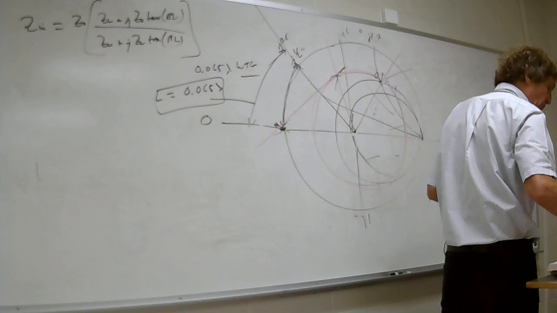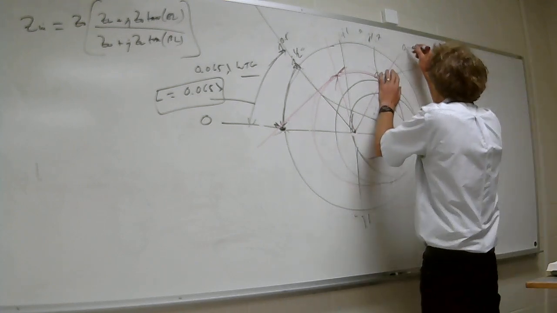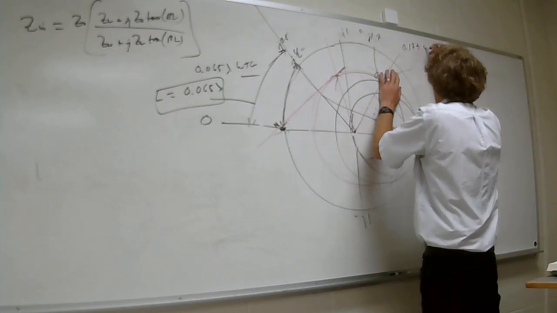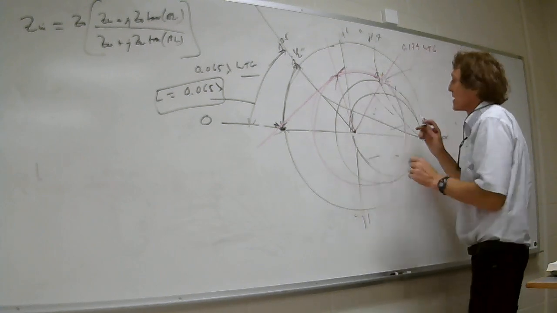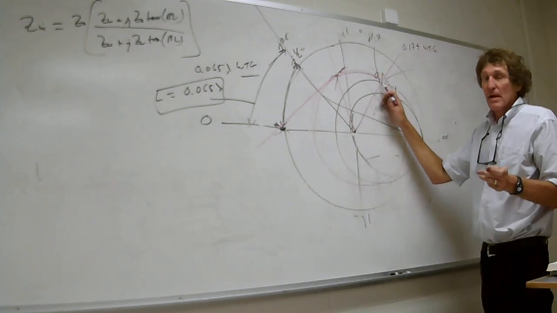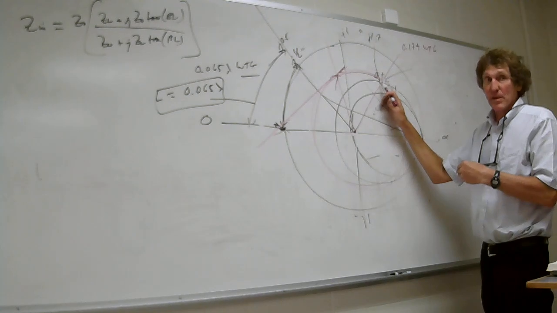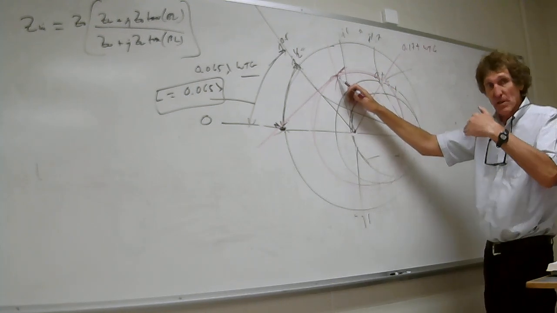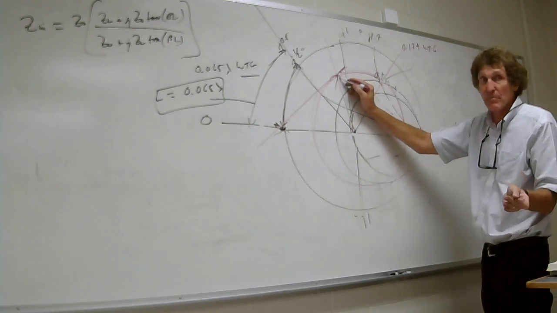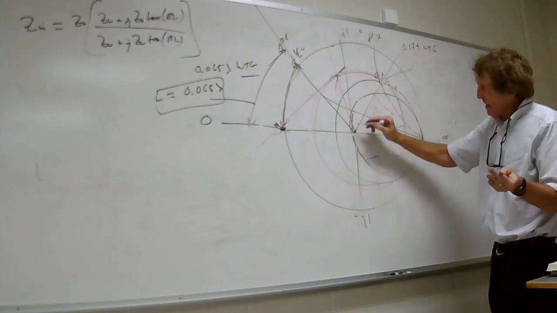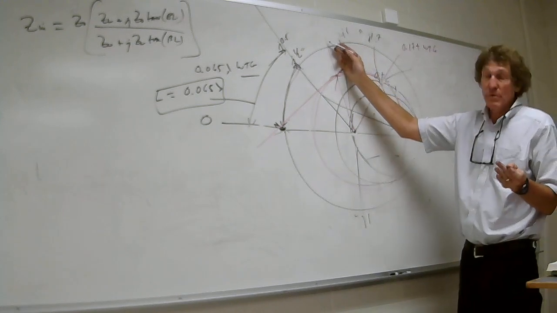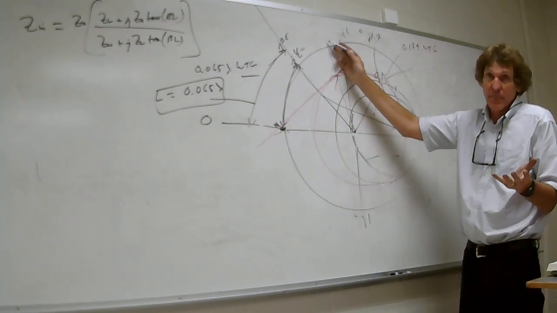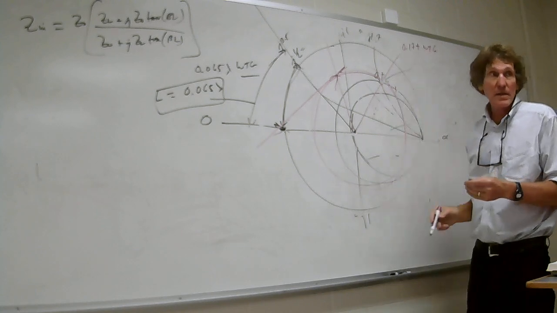So if that's 0.174 wavelengths toward generator, that's the point where the input impedance is. But we had to get there from the load. Well, the load has to be back this way. If we had the load impedance, we'd mark that down, draw a circle, look at this wavelength here, and move it until we hit the end of the line.